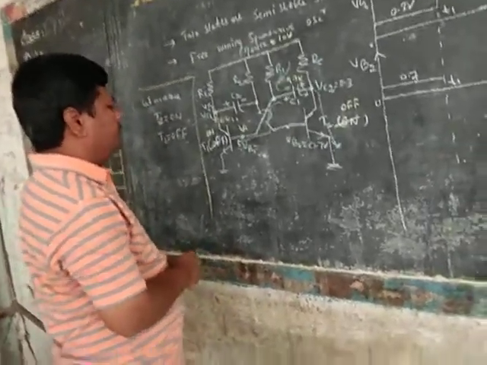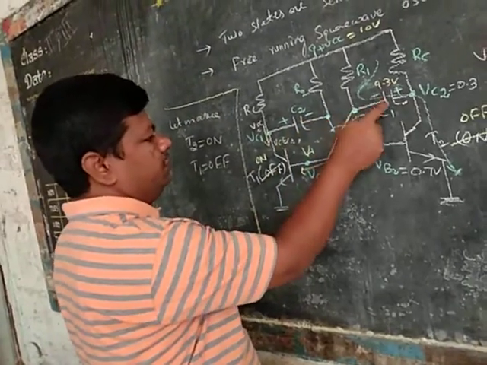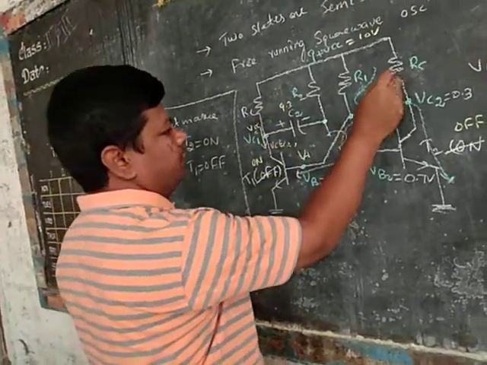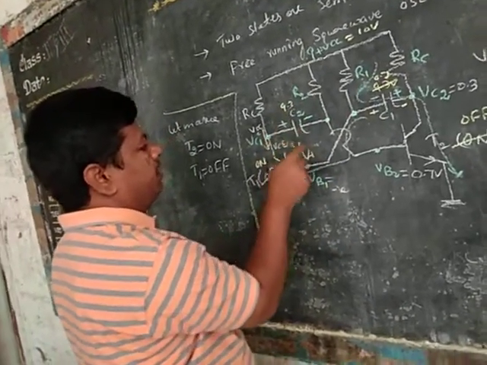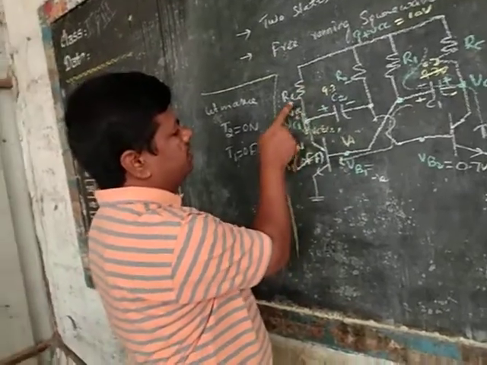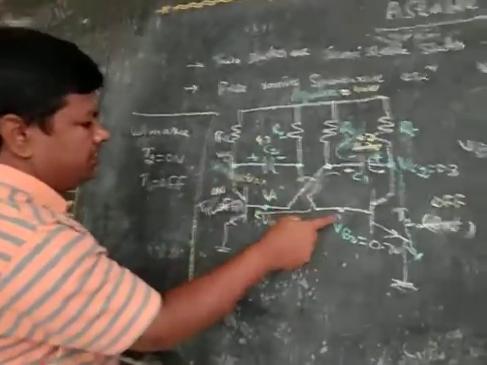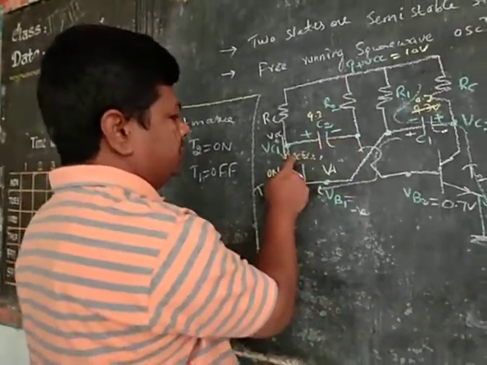Now while this capacitor is discharging, the other will charge to 9.3 volts. Now the voltage across is 0.7, here it is 9.3 volts, because the charging time constant is RC into C2. This is the charging, RC into C2, whereas this is the discharge.